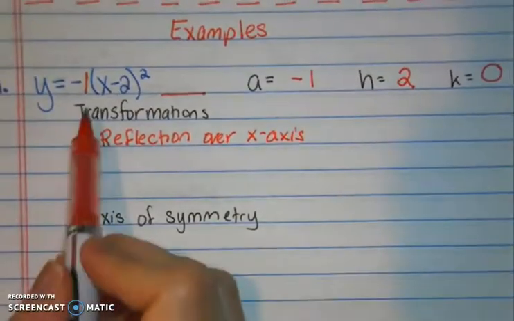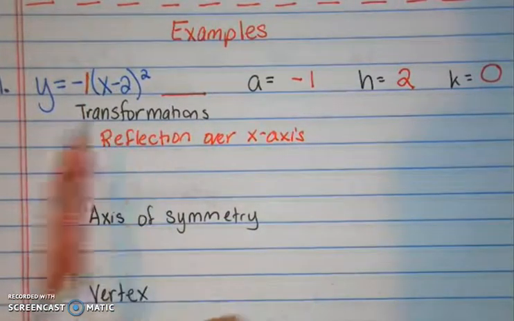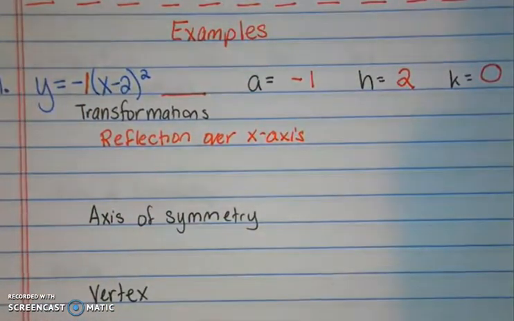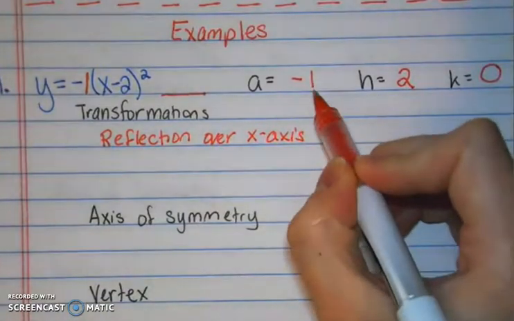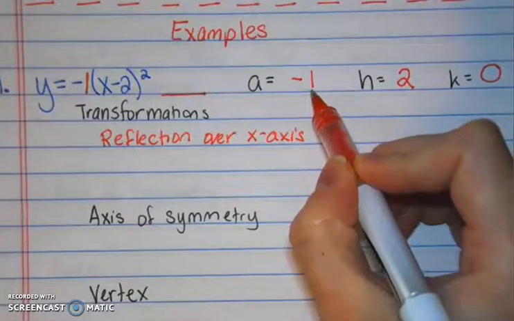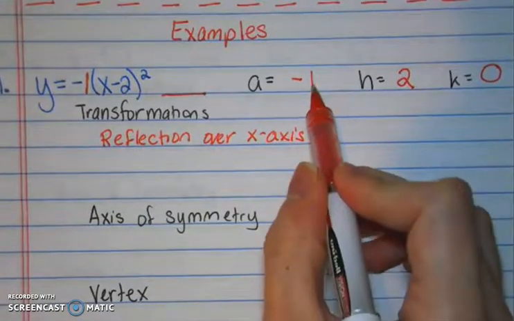And that is because a is negative. Next, I look for the value of a to see if there's going to be a stretch or a compression. Because the magnitude of a is only 1, 1 does not stretch or compress our graph. So there is no stretch or compression.